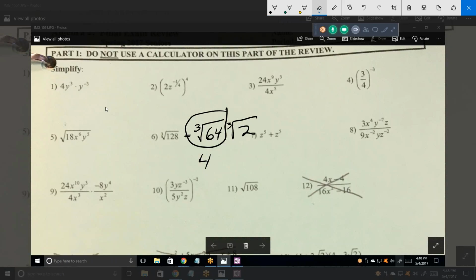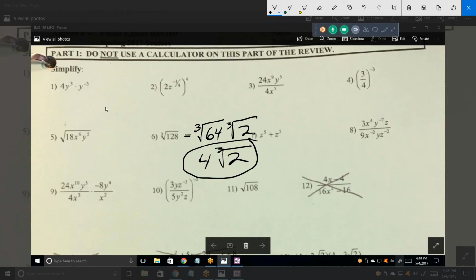Now, that gives me my answer as 4 times the cube root of 2. And I certainly cannot simplify that. And that's in radical format. So that's the answer I want to give them. And I never converted this to fractional form, exponents, because there was only one term.